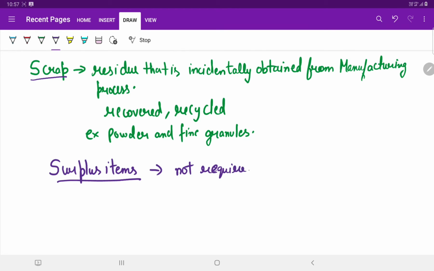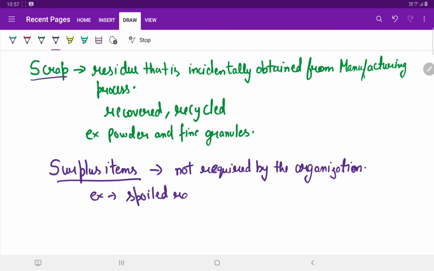It is generally spoiled raw material and rejected components. So what are its examples? Spoiled raw materials which are now degraded or not fit for use, and rejected components of machines, we can say the rejected parts or rejected components.